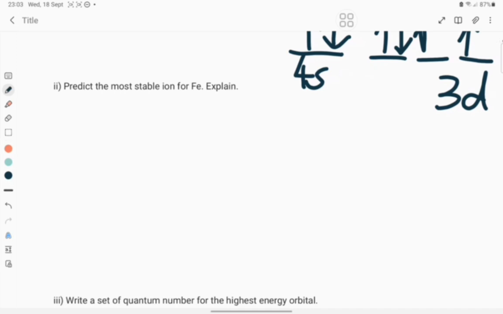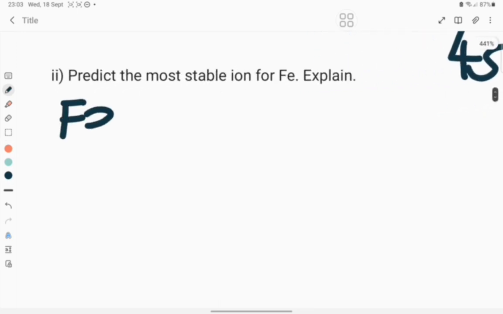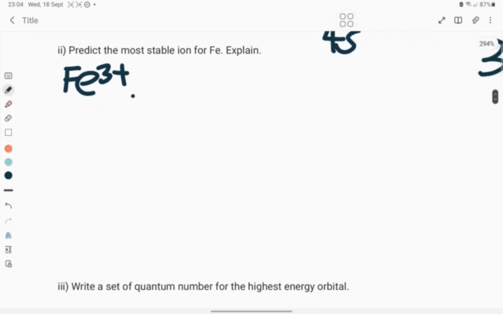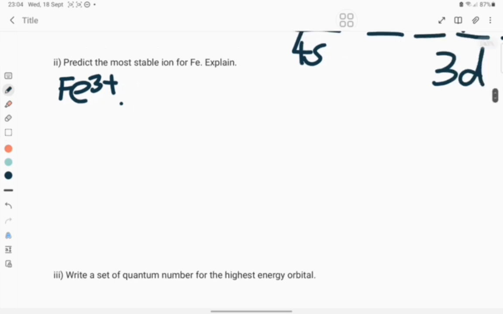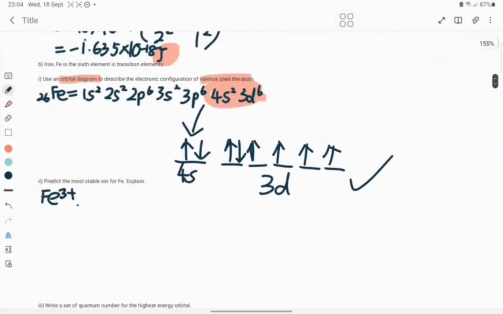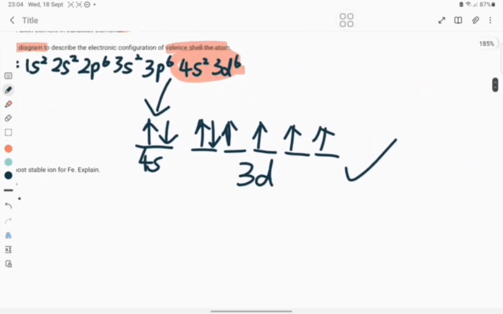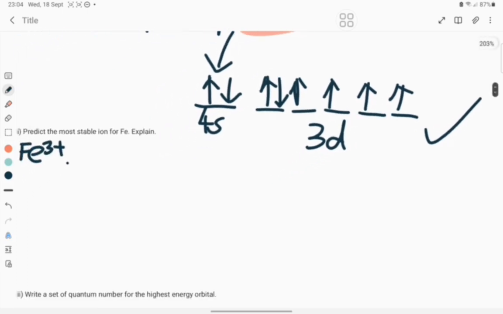Okay, so the most stable ion is actually Fe3+. So why? Okay, so what we could see from here, this is the valence shell, right? When we remove electrons, we need to remove from the outermost shell, which is 4s. So we remove these first.